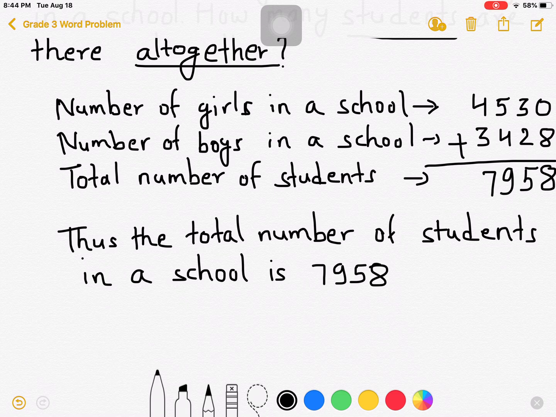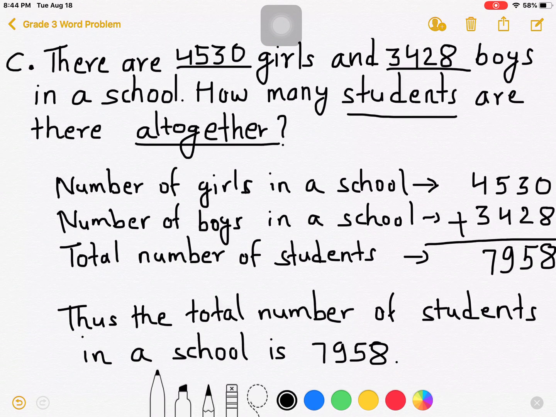Yes, we have written the conclusion here, isn't it? We have identified the statement and then the question and then operation, and we have added here. At last we have found out the conclusion.